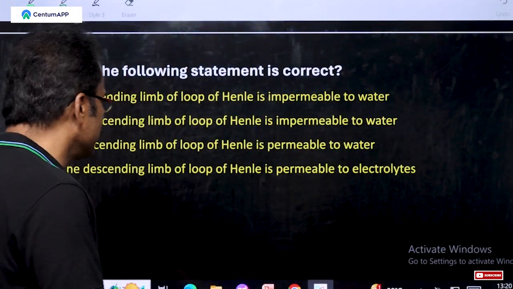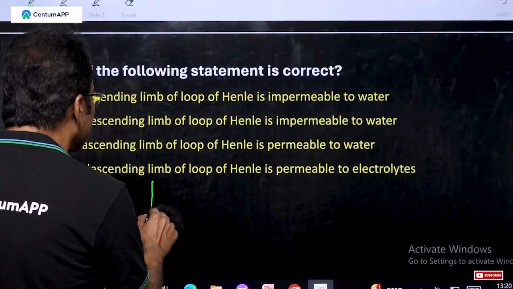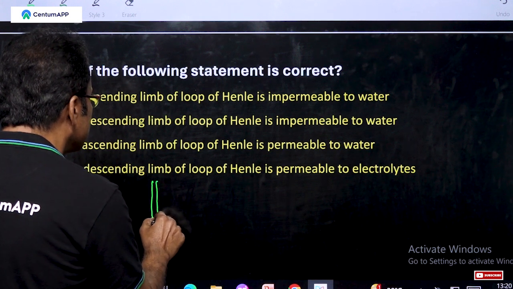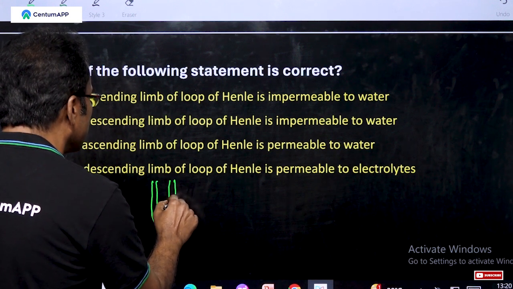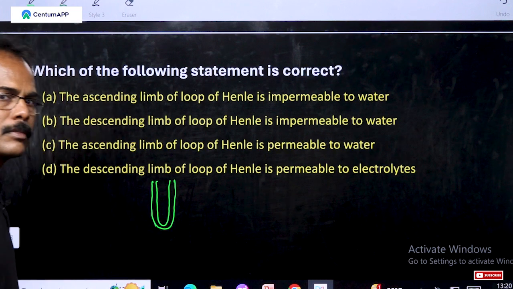Here it is very simple. For example, this is the descending limb and this is the ascending limb of Henle's loop.